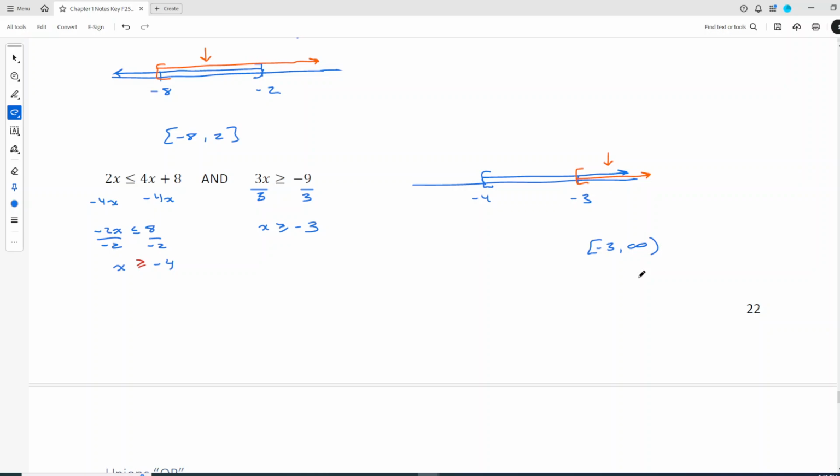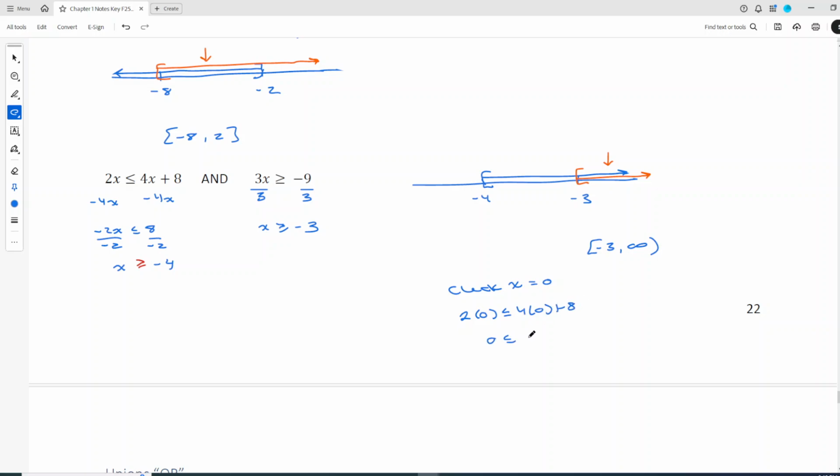And if you check it, you pick something in that interval. What's something greater than or equal to -3? I don't know, 0. So you plug it into the original. Let's check something like 0. Is 2 times 0 less than or equal to 4 times 0 plus 8?